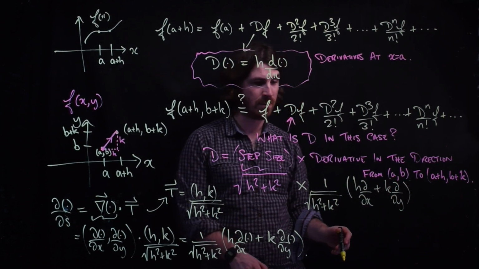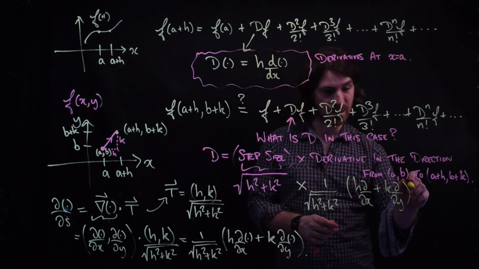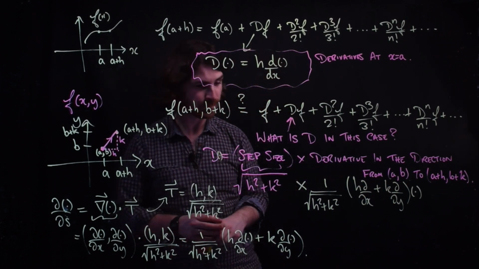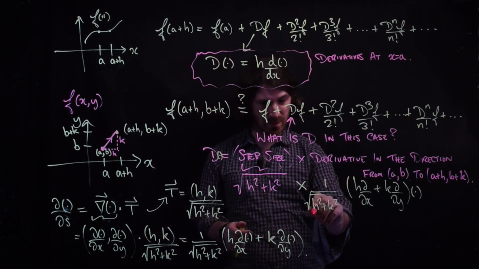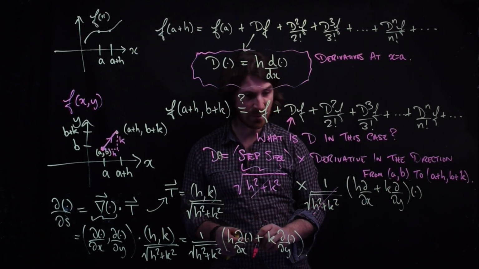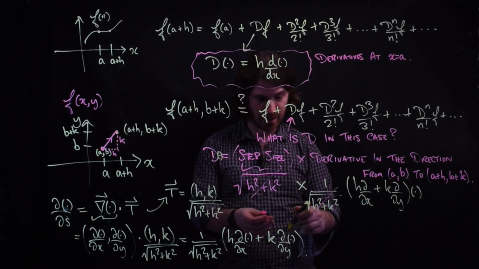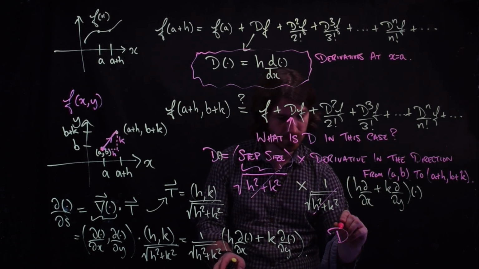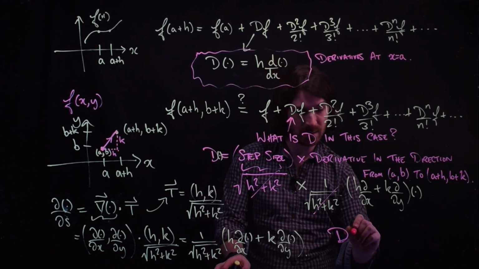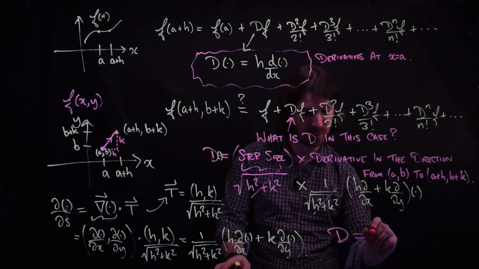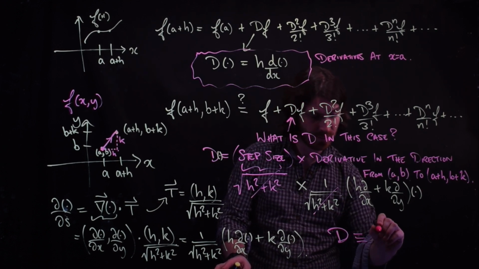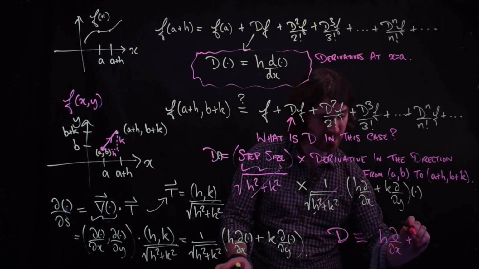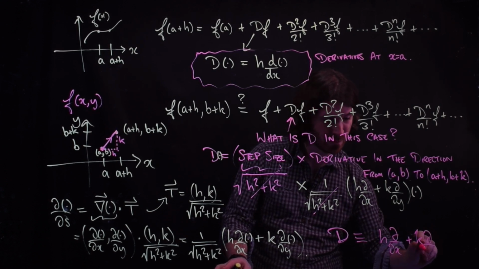It's understood that we act on something, so this is d acting on something. And you'll see that these two terms cancel each other. So we find that our d in this case is equal to h d by dx plus k d by dy.